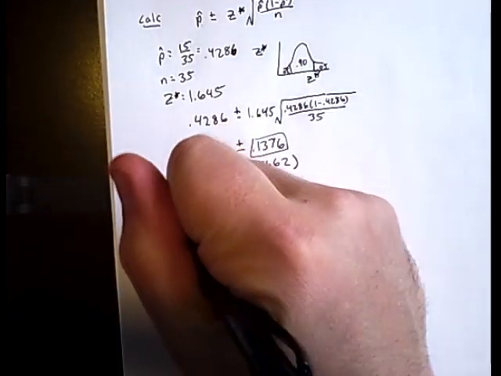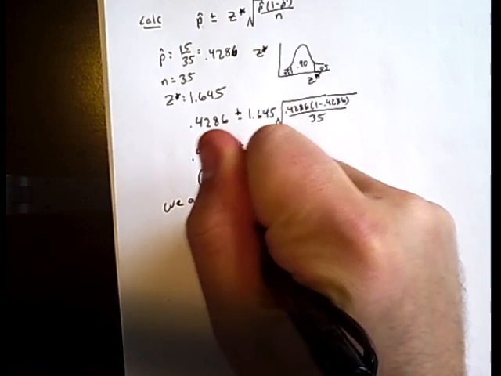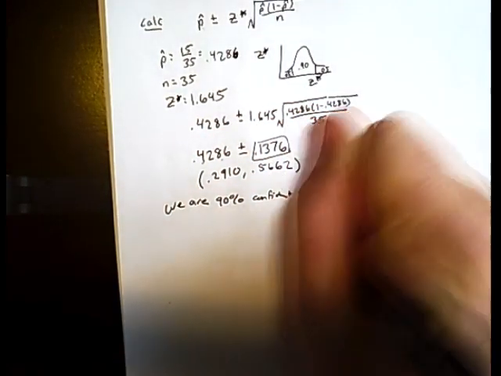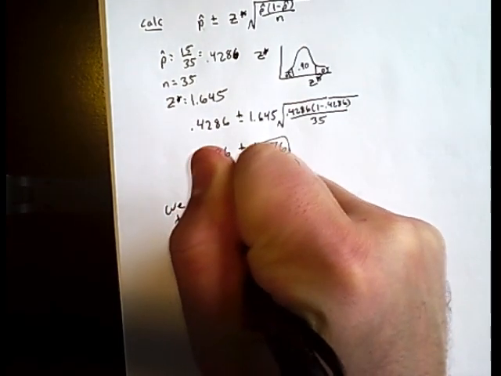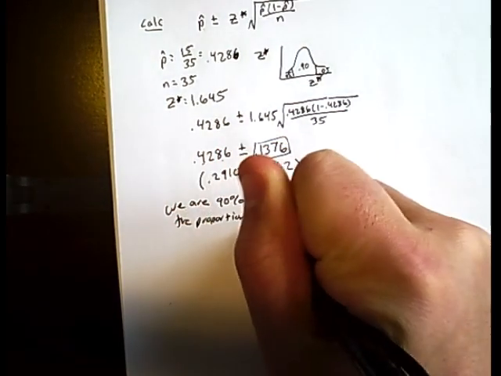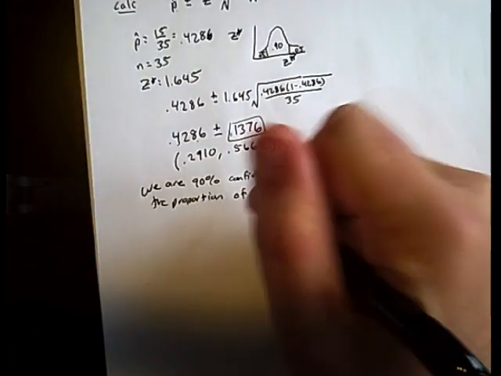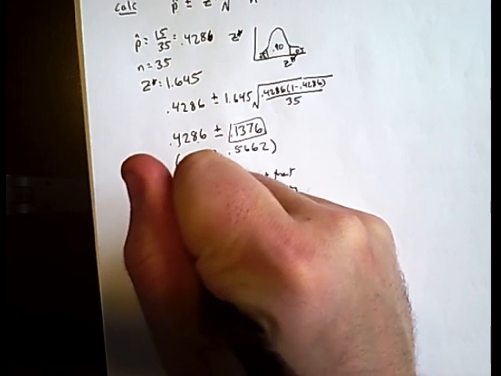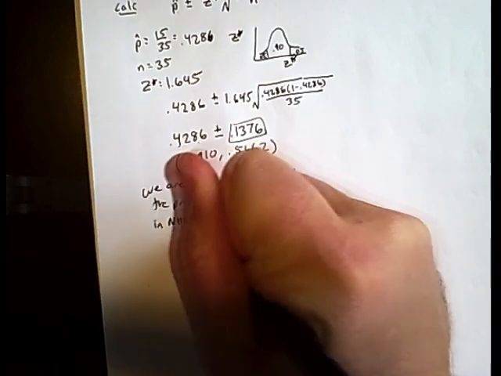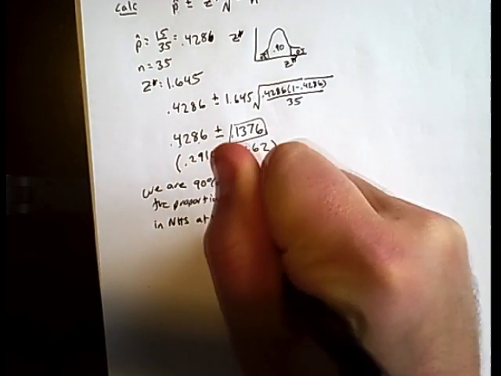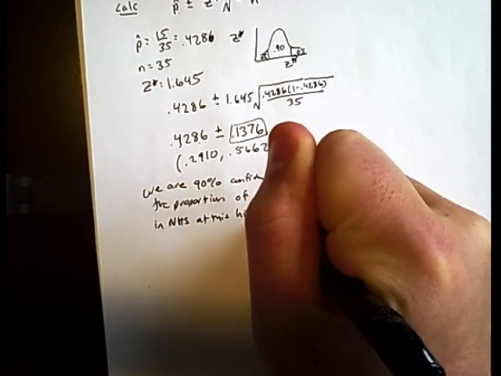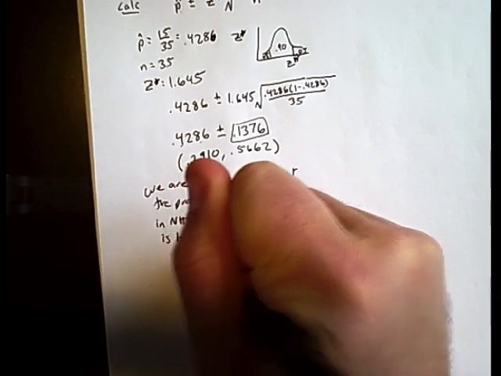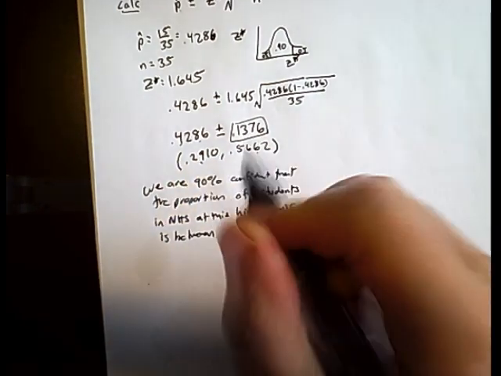Okay. So our conclusion is something like this. We are 90% confident that the true proportion of students in National Honor Society at this high school is between that value and that value, or you can express them as percents.